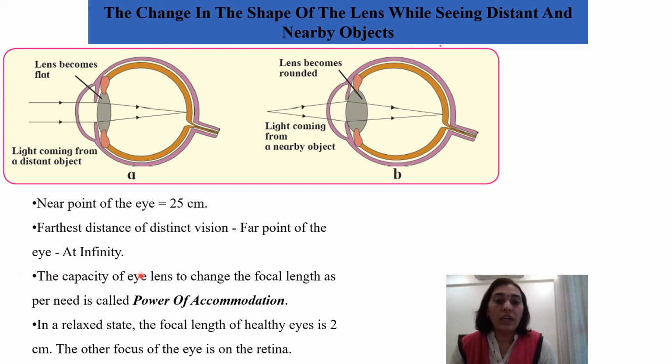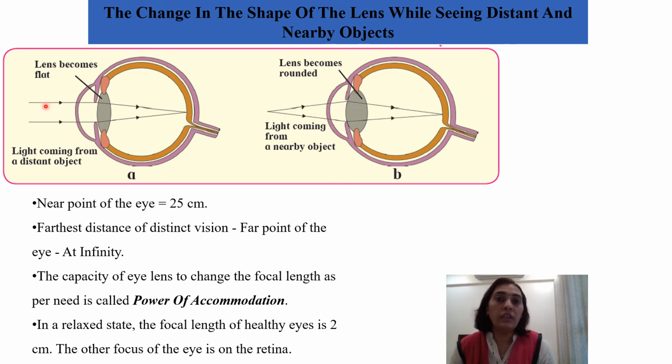The capacity of the eye lens to change the focal length as per need is called power of accommodation. This is a very important term, and it is often asked in the exam for 1 mark, and if 2 marks, then you need to explain it in detail. We have seen that the eye lens changes the focal length when viewing distant and nearby objects.